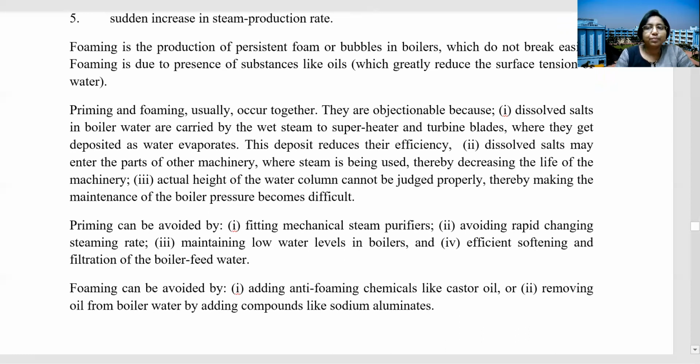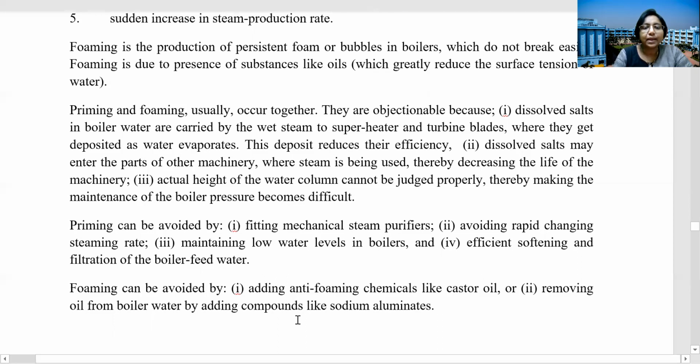And the most important part is that we have to use softened water. That means before using the water, we have to remove all the impurities present in it. Foaming can be avoided by adding anti-foaming chemicals like castor oil, or by removing oil from boiler water by adding compounds like sodium aluminate.